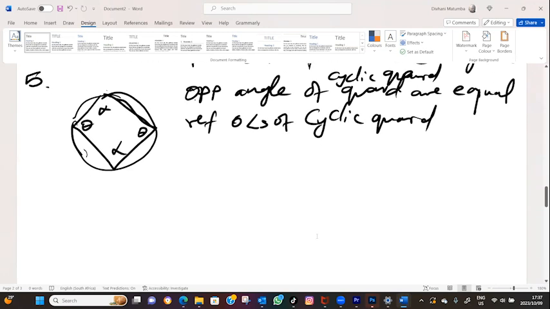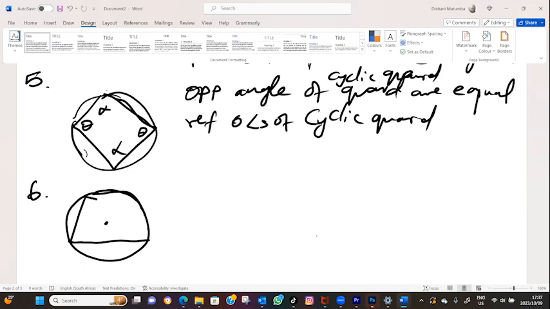Then number 6. We have the following phenomenon. Guys, if you can cram all this theorem, please do so. If I extend the line there, what I know is that these two angles are the same.